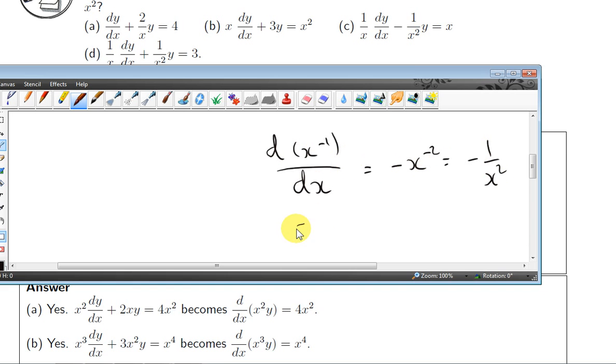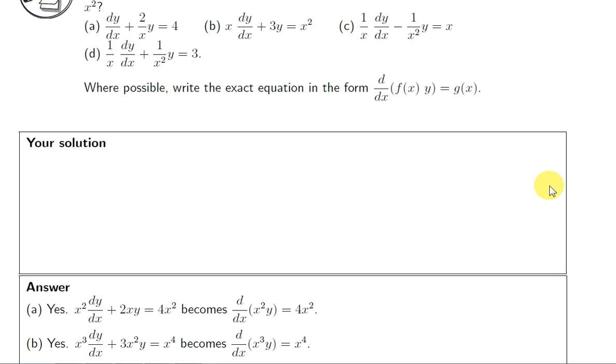So we can write the left hand side as the derivative with respect to x of the function of x in front of dy dx, which is 1 over x times y. So d dx of 1 over x is minus 1 over x squared times y, that's that term there, plus 1 over x times dy dx. So this equation as it stands is exact.